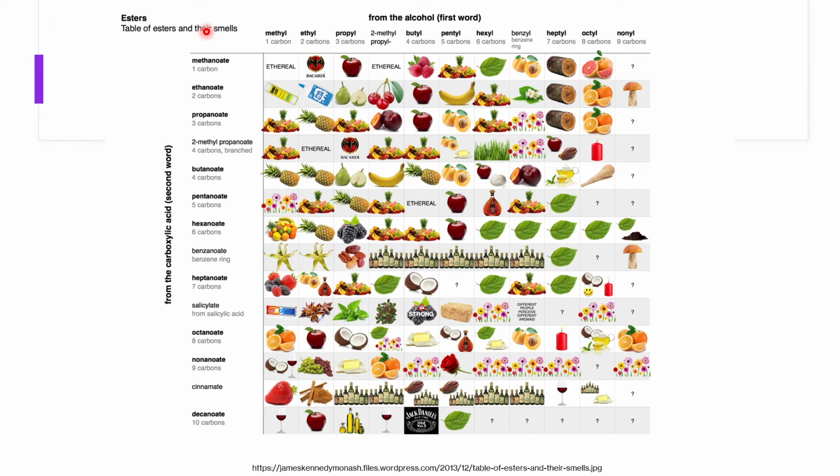And the combination of main and alkyl group chains will lead to a variety of different smells and tastes, many of which are associated with a variety of fruits, especially some of our lower mass esters. Once we get into some of our higher mass esters over here, the variety of smells and flavors really does begin to diversify.